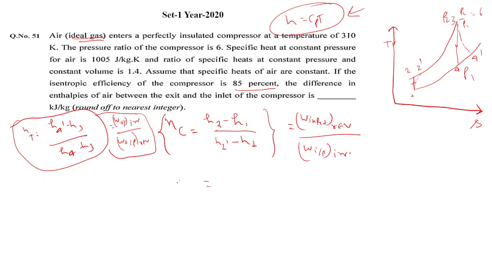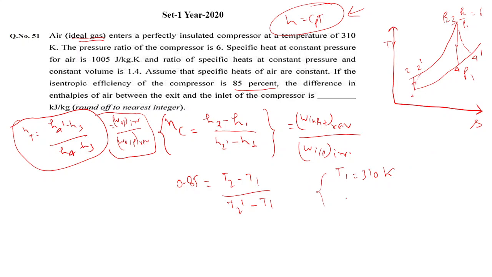So isentropic efficiency is 0.85, and H2 minus H1 means T2 minus T1 by T2 dash minus T1. In this problem T1 is given, 310 Kelvin, right?